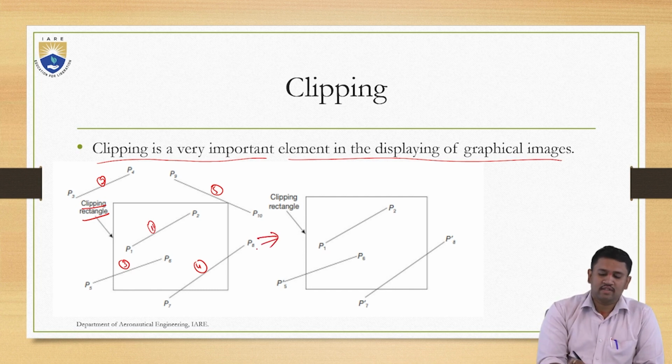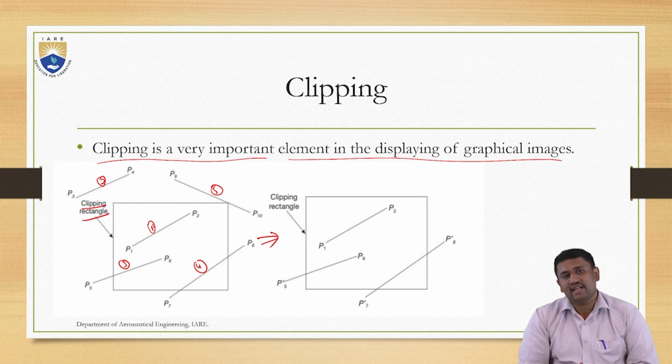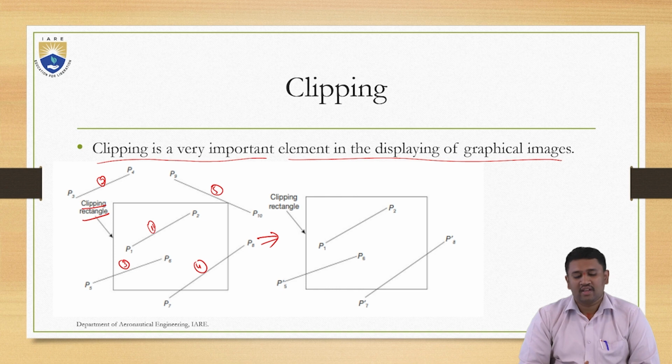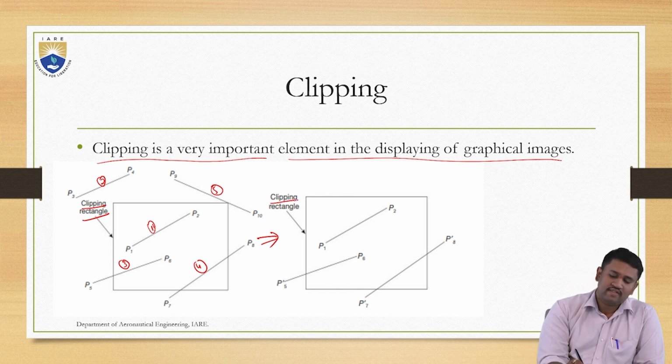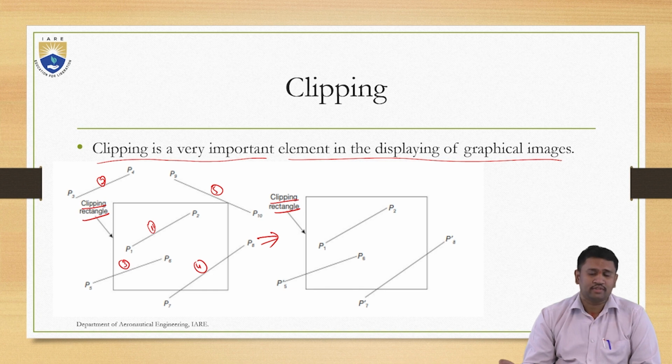So what happens while displaying? Clipping uses certain types of algorithms to select or disseminate the data that is stored, to be shown on your screen. For example, whatever is inside the clipping rectangle, it shows because that's its job, right?